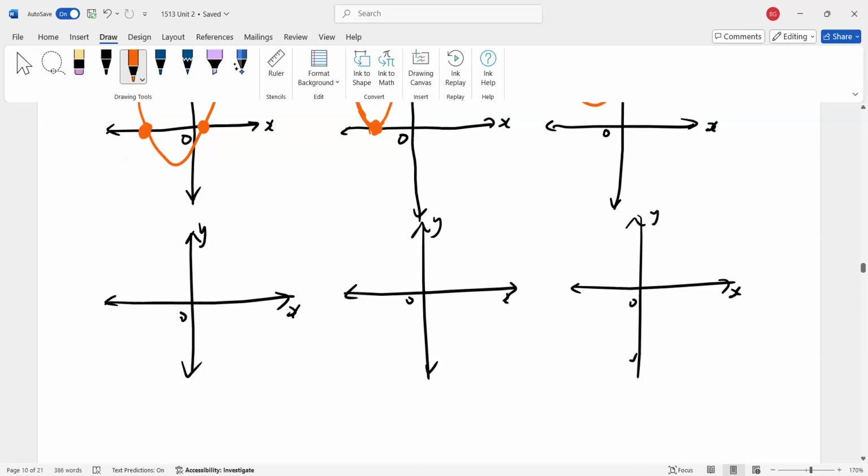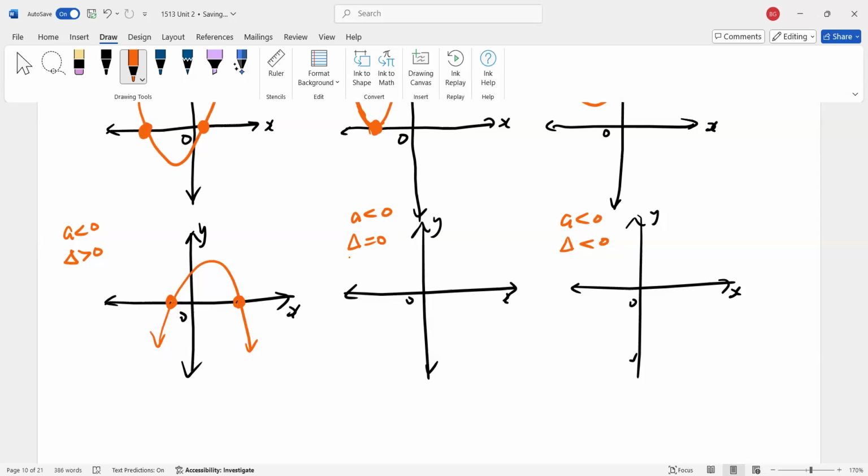And then the other three graphs have A less than 0. This one, delta bigger than 0. This one, delta equals 0. This one, delta is less than 0. So when the leading coefficient is negative and delta is positive, it's like this. It has two different real solutions.